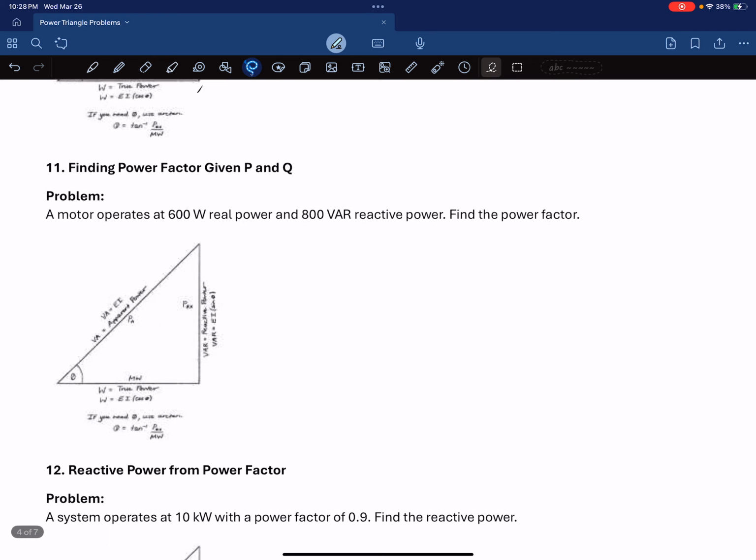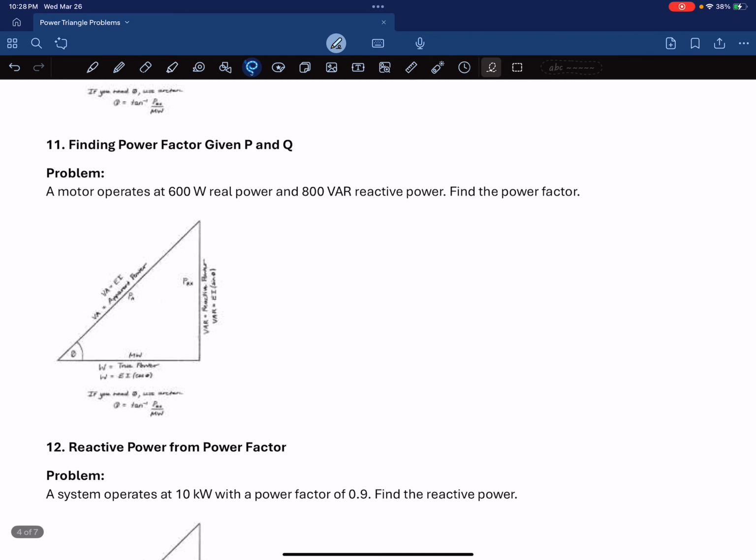Okay, number 11. Finding power factor given P and Q. A motor operates at 600 watts of real power or true power and 800 VAR reactive power.